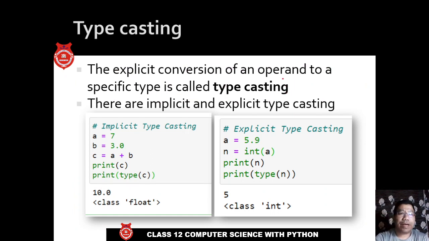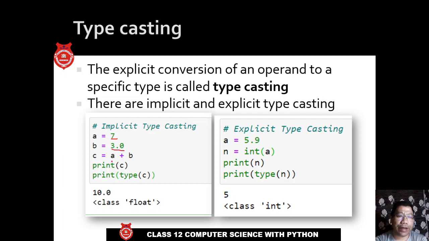Now let's talk about typecasting. Typecasting means conversion of one data type to another. For example, if I divide 7.0 by 2, 7.0 is float and 2 is integer. Here, a is 7 and b is 3.0.